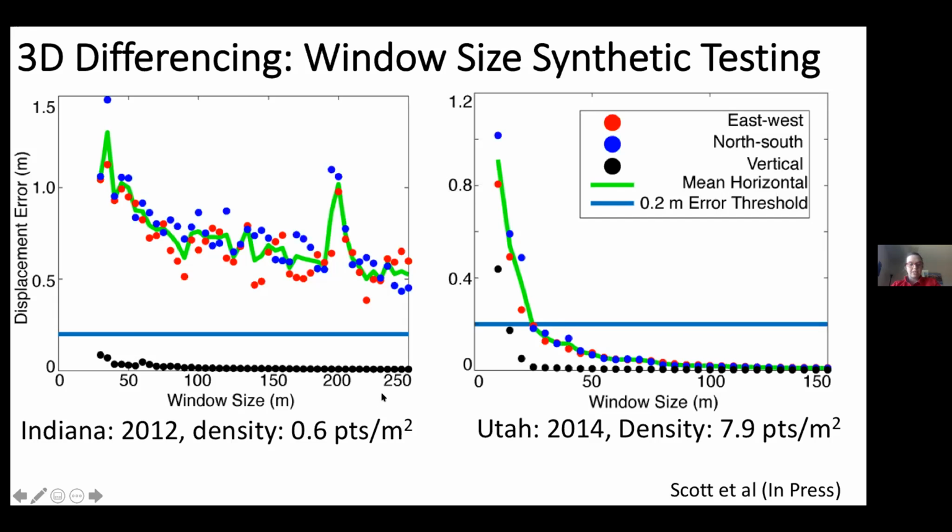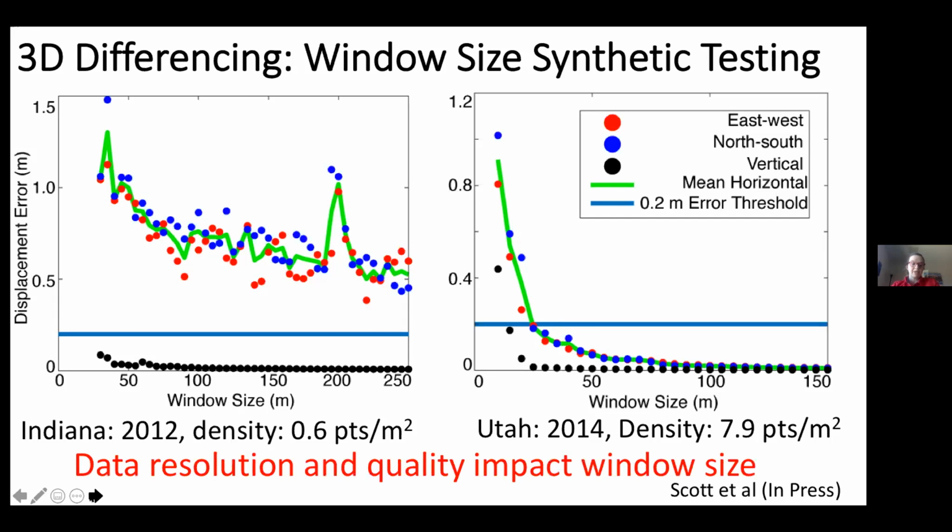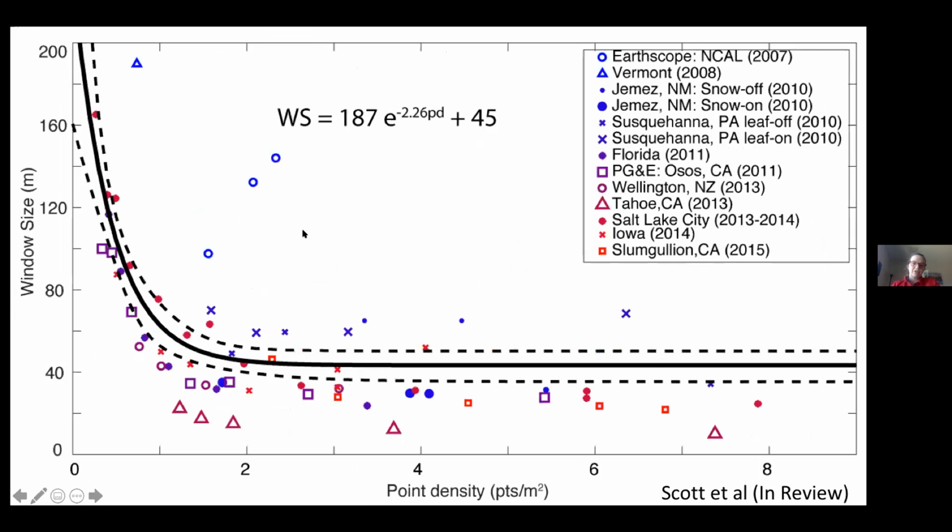So we applied this same analysis to many data sets hosted by OpenTopography. And the results are shown here, looking at the ideal window size versus point density for all of these data sets, which were sometimes synthetically thinned. And then we use this equation, which is a best fit exponential equation to this data set, to make suggestions of the ideal window size for performing differencing on OpenTopography.